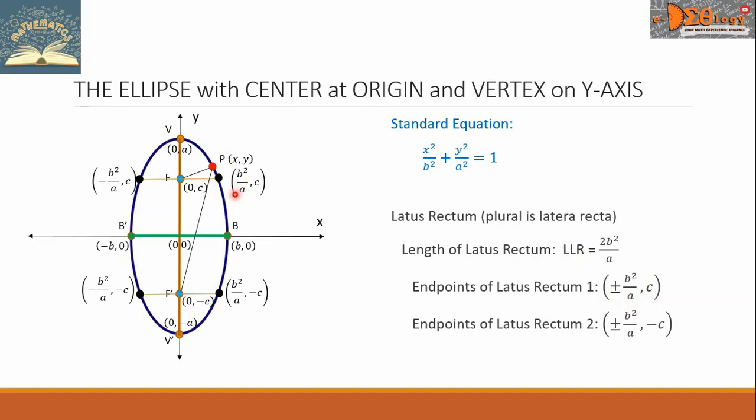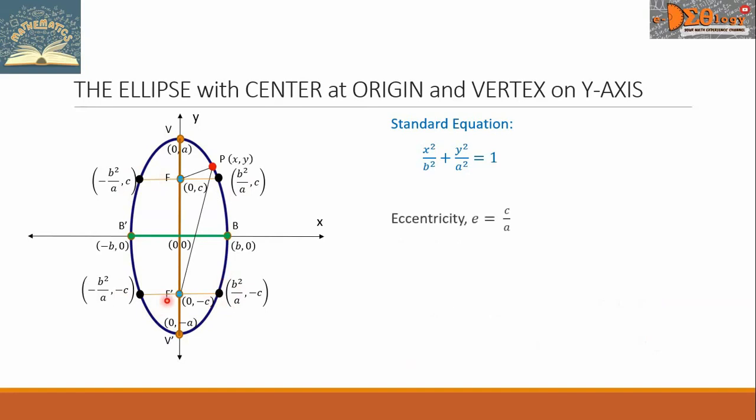Here are the points. The other endpoints of latus rectum have the coordinates plus or minus b squared over a, comma, negative c. These are the points. For the eccentricity, we use the symbol e, and this is equal to c over a.